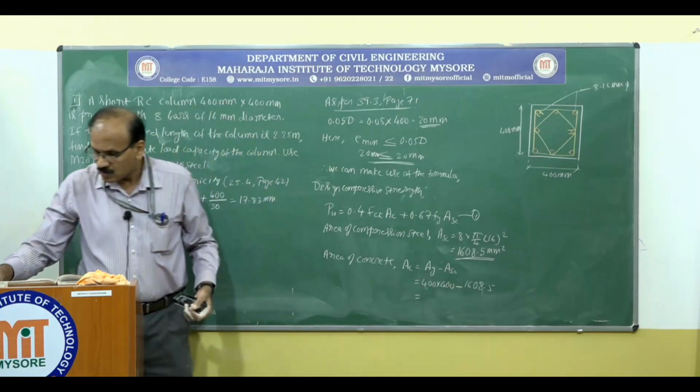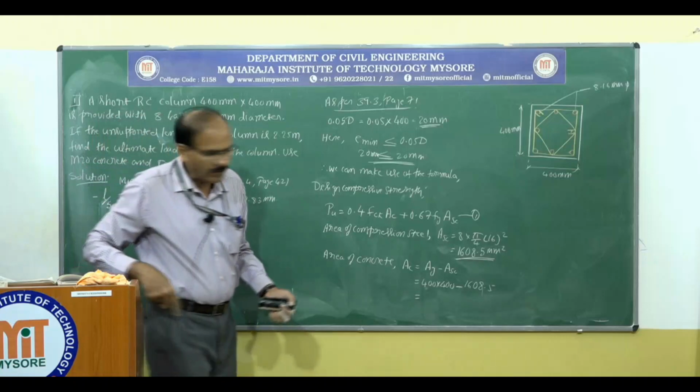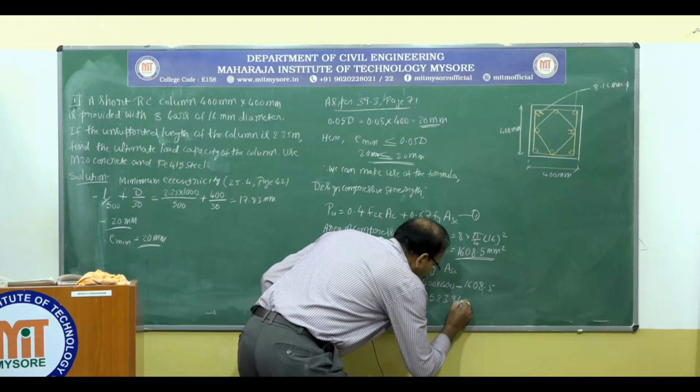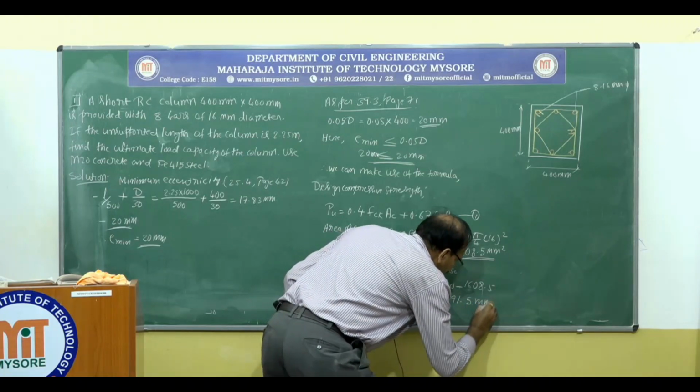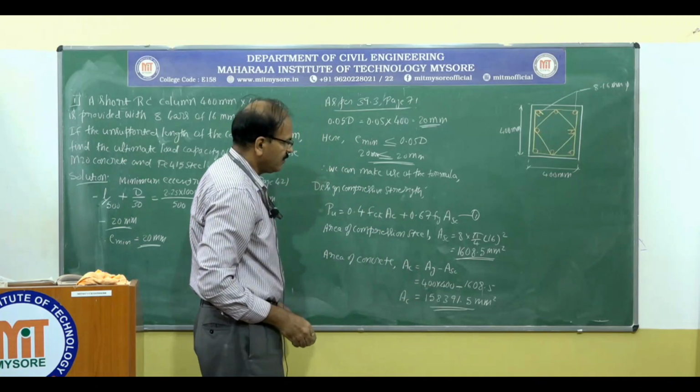Okay. So Ac is 158,391.5 millimeter square. That is the area of concrete.